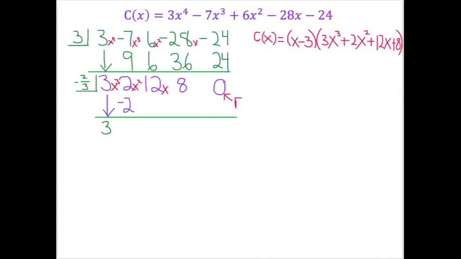Okay. And then we add vertically. 2 plus negative 2 is 0. Then we multiply diagonally. 0 times negative 2/3 is 0.